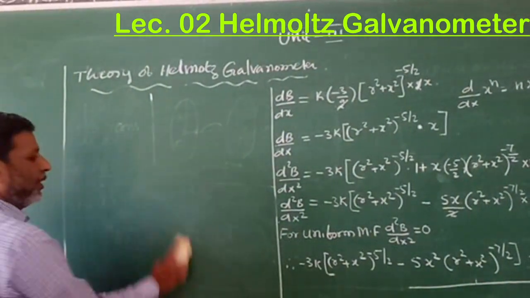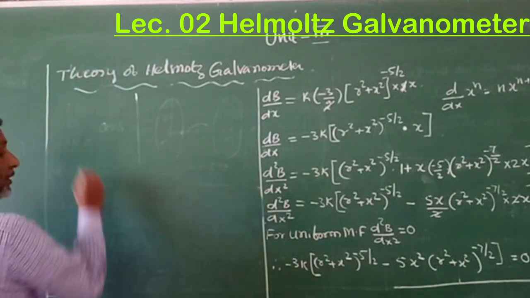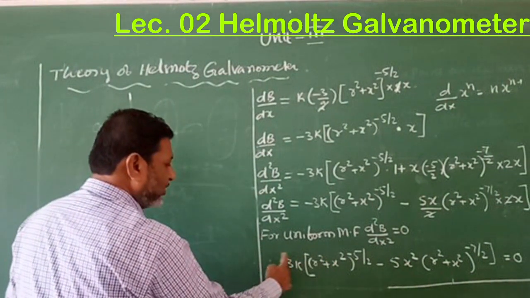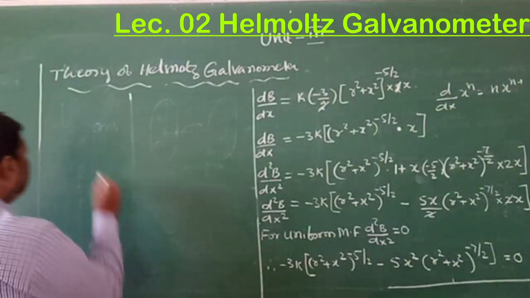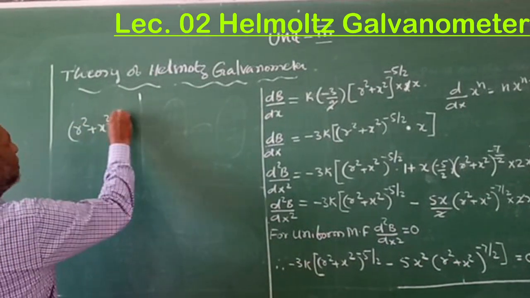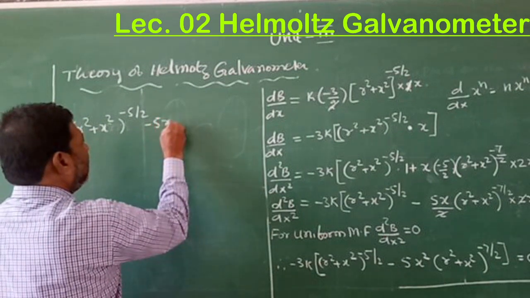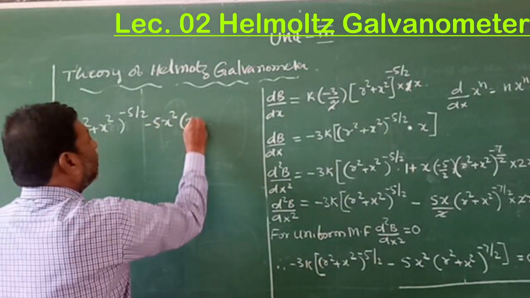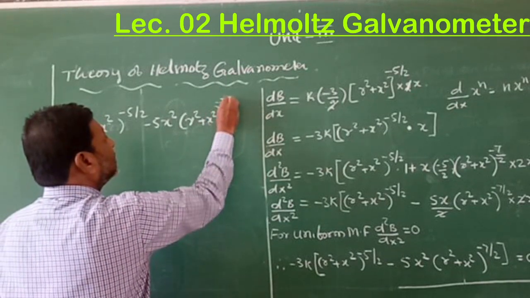Now here, this is equal to 0, which means the bracket quantity must be equal to 0 because this is a constant. Therefore, it is r square plus x square raised to minus 5 by 2, minus 5x square into r square plus x square raised to minus 7 by 2.